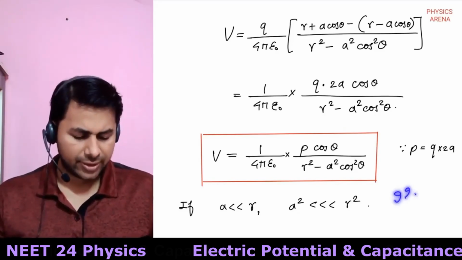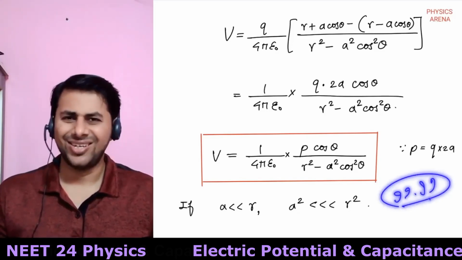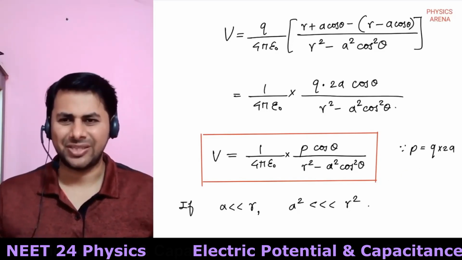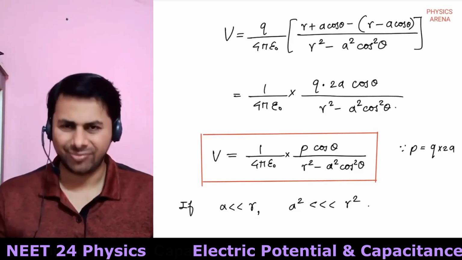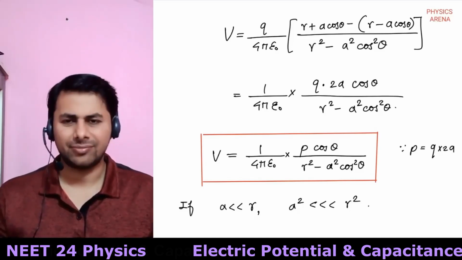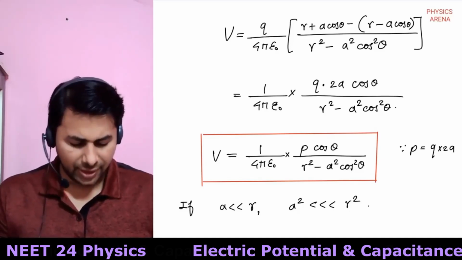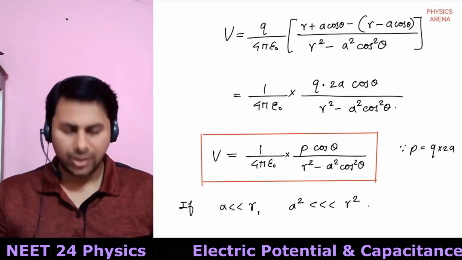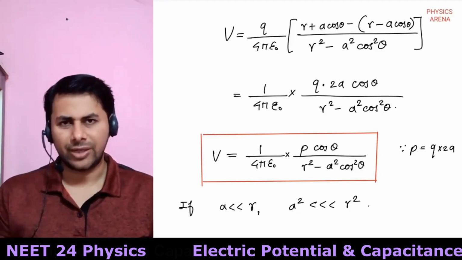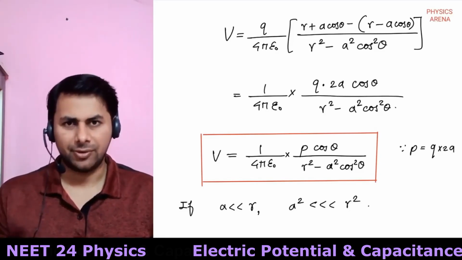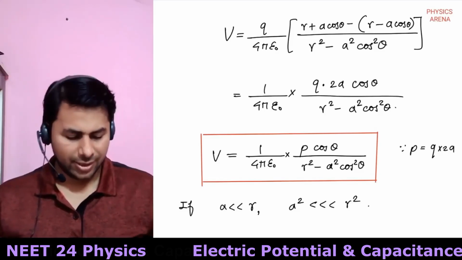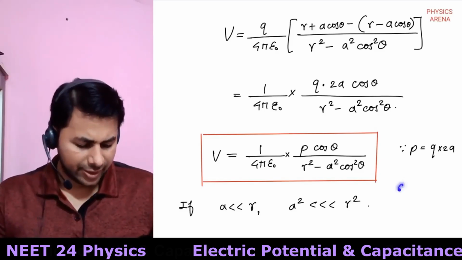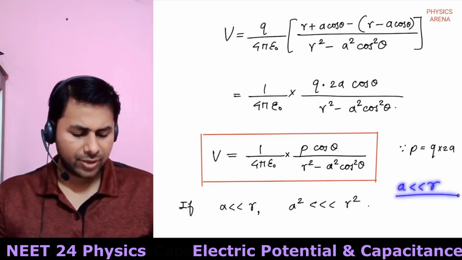99.99% there was never a question based upon the total formula in the NEET exam. Okay, so what do you have to remember? A special case that we had considered in case of dipole in electric field also. So special case is when a is very small compared to r.